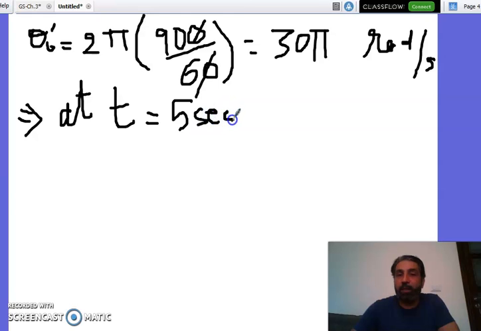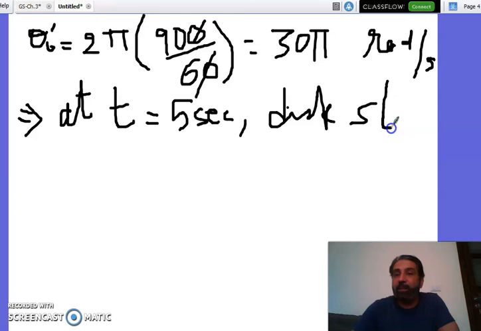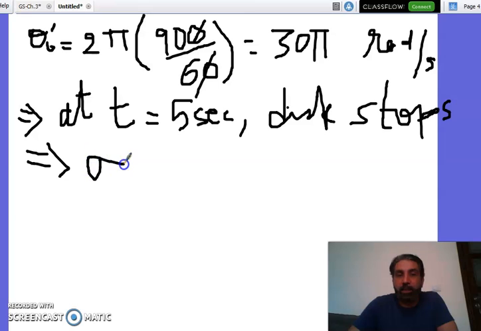The disk stops. What does this mean? What does it mean, stops? Stops means its angular speed becomes 0. It means its angular momentum becomes 0. Now try to replace in this rule.